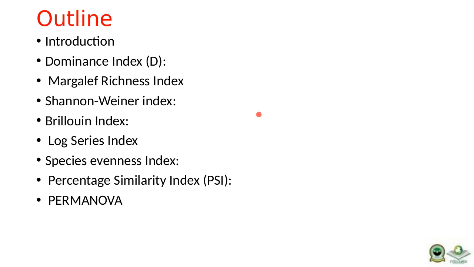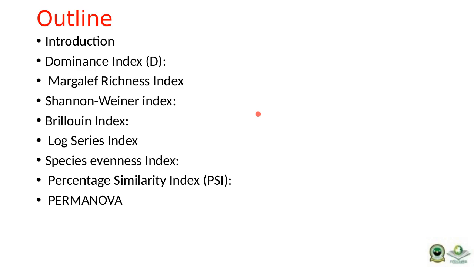So we have the introduction. We will discuss the dominance index to assess species diversity, the Margalef richness index, and the Shannon-Wiener index. These are all authorities that have come up with models that will assess species diversity. Then the Berger-Parker index, the log series index, the species evenness index, and the percentage minority index.